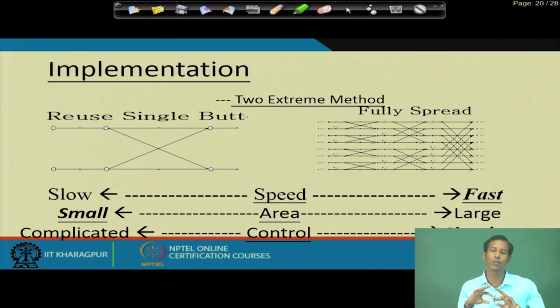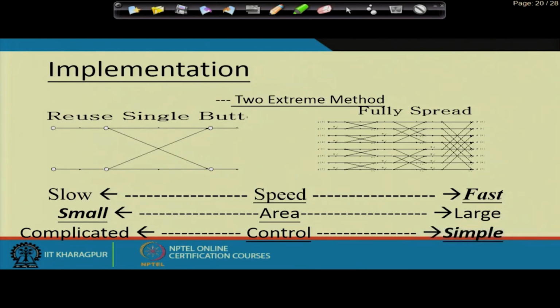The butterfly unit is the same; only the inputs at different stages are different. If I consider an 8-point FFT, it will have log base 2 of n stages, so that means 3 stages.